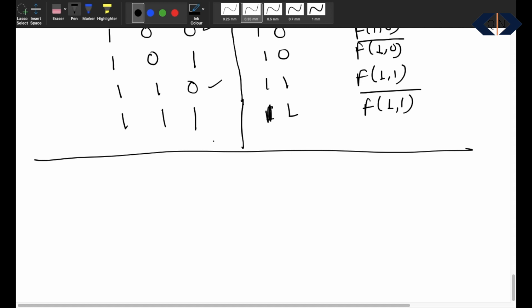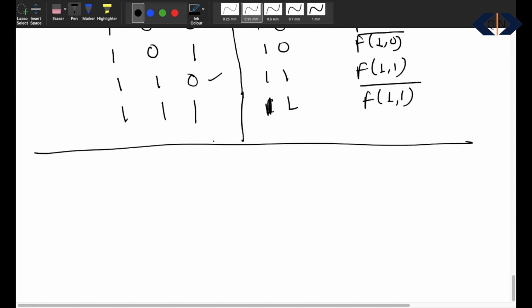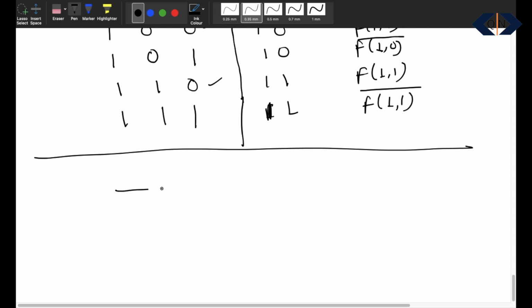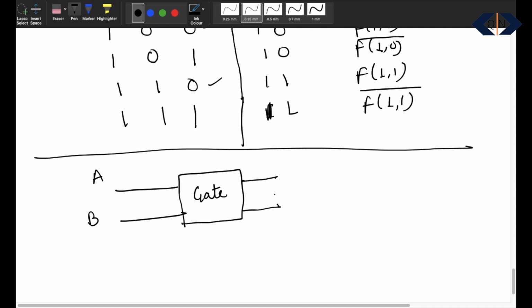So this is based on only one gate. Suppose there might be a case where we are having multiple. Suppose there is a case where we are having inputs A and B. Now we have a gate giving two outputs.